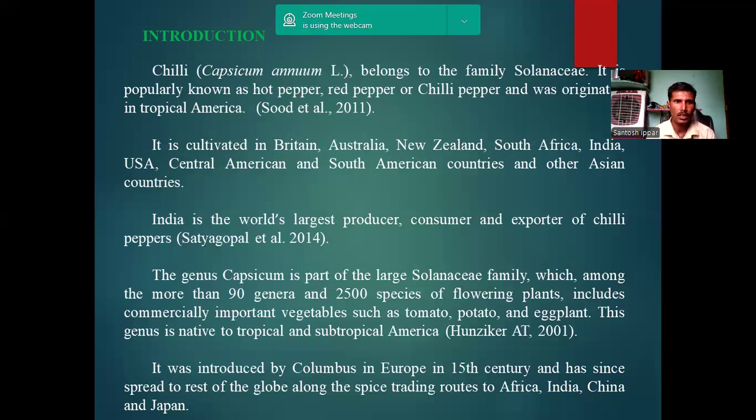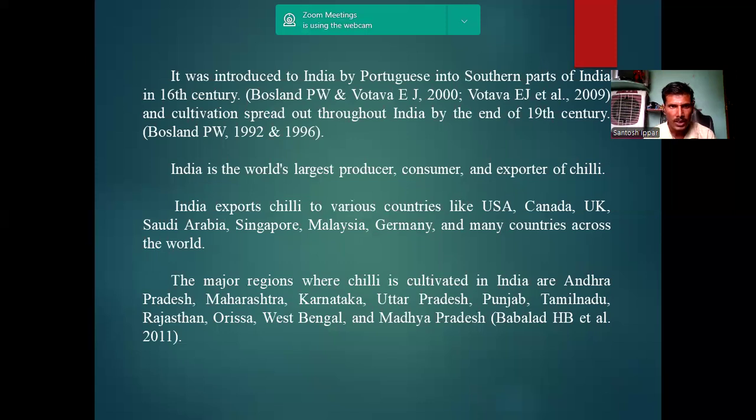This genus is native to tropical and subtropical America. In terms of history, the chili crop was introduced by Columbus in Europe in the 15th century and has since spread to the rest of the globe along the spice trading routes to Africa, India, China, and Japan.